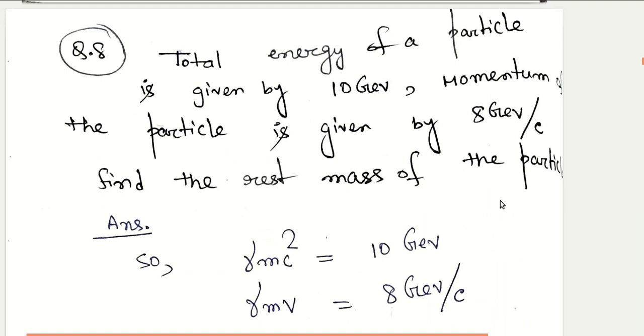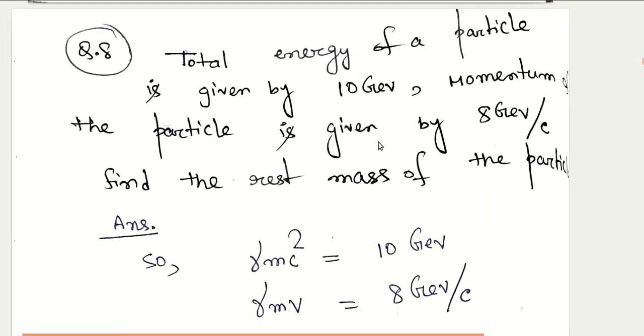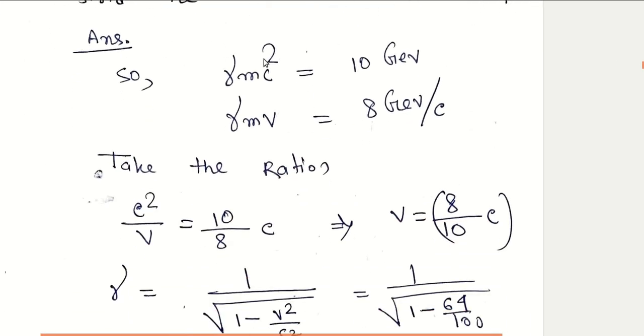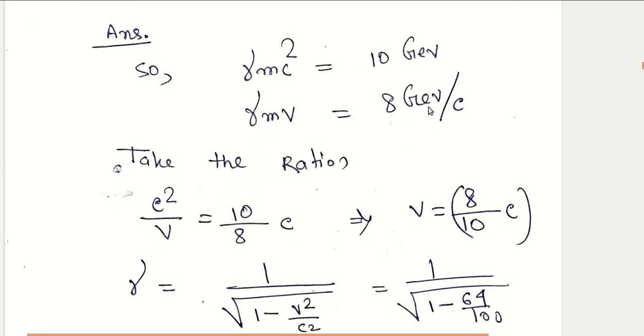Next question was: the total energy of a relativistic particle is given as 10 GeV, and the momentum of the particle is also given as 8 GeV by c. You need to find the rest mass of the particle. So from the formula, total energy is gamma m c square, which is 10 GeV, and the momentum is gamma m v, which is 8 GeV by c.